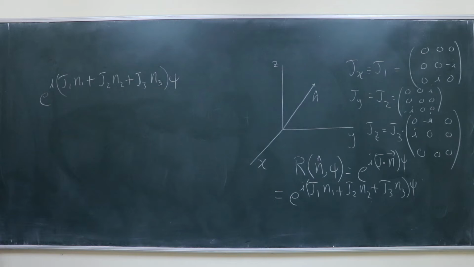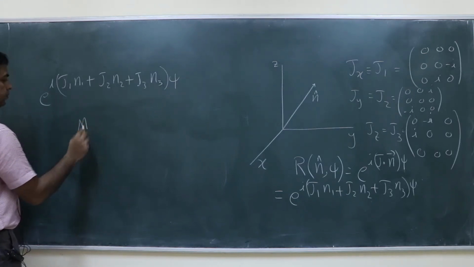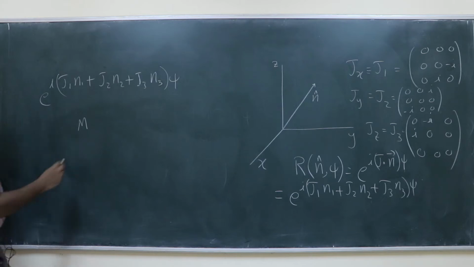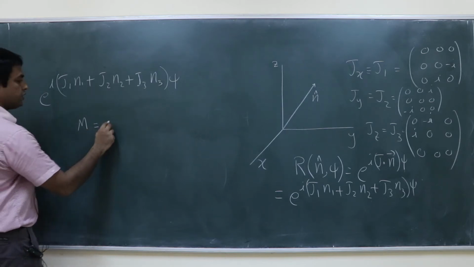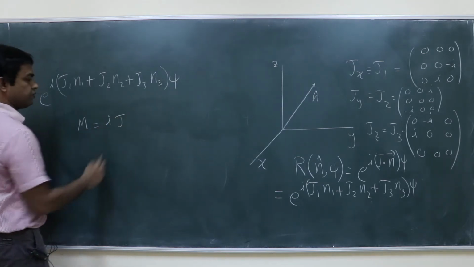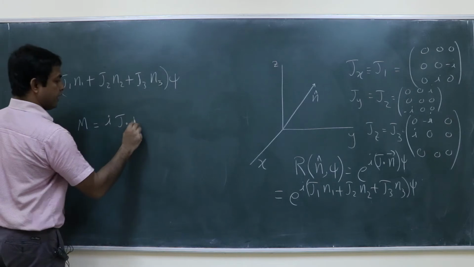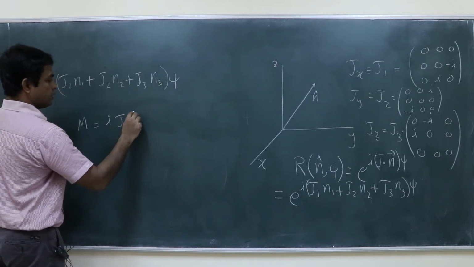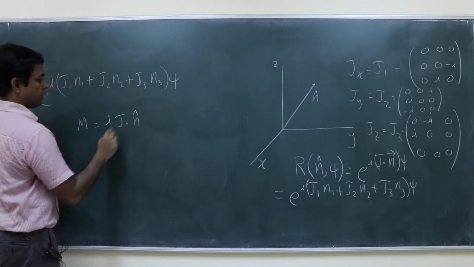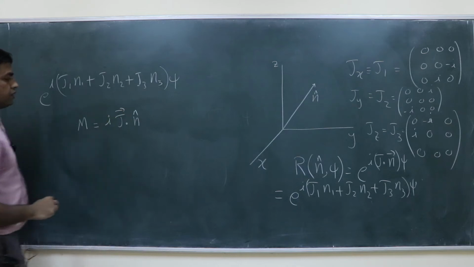So this is a 3 cross 3 matrix. What I can do is call a matrix M, which I denote as i J dot n. Here n is a unit vector.